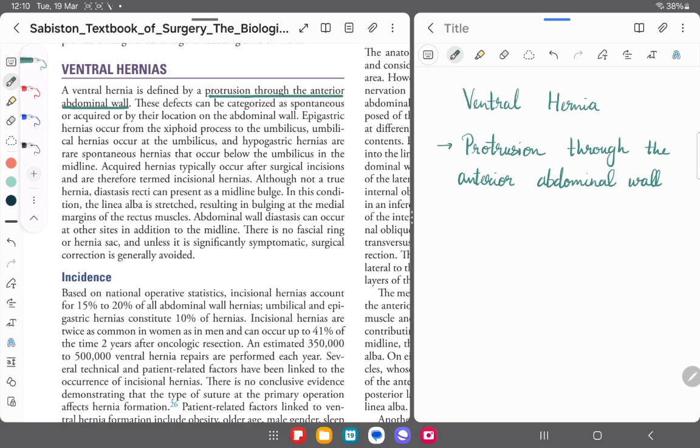So these defects can be categorized as either spontaneous or acquired, or by their location on the abdominal wall.